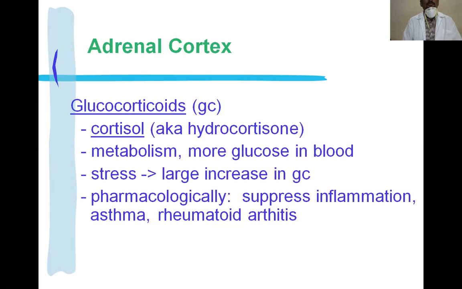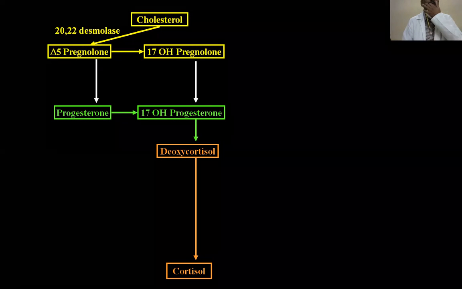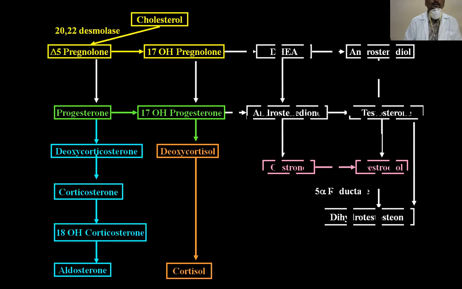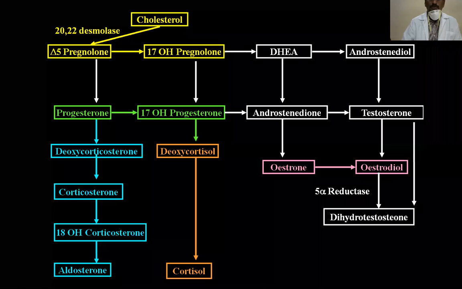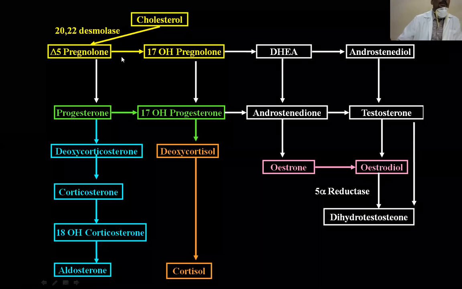So glucocorticoids, of course, we have seen in detail. This is the synthesis, which we have already completed, and we are going to see only aldosterone. The precursor molecule is again cholesterol, from which pregnenolone is synthesized.